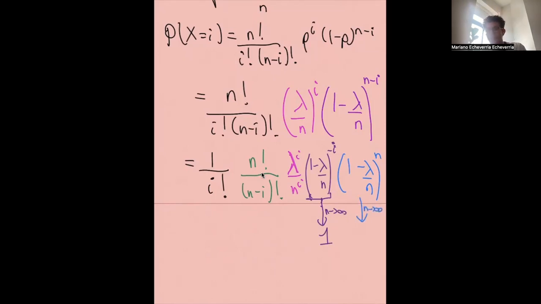What happens as n goes to infinity here? What do you think you get? Someone was going to say something. I was just going to say that this reminded me of the limit that defines e.